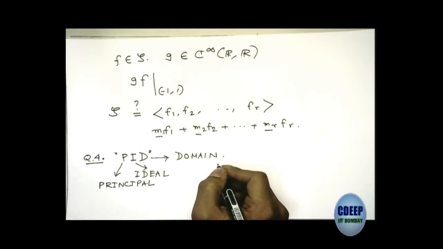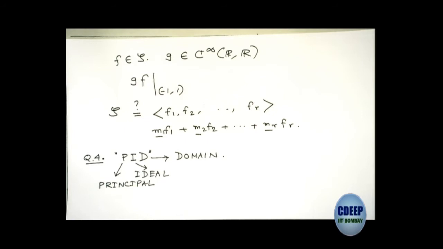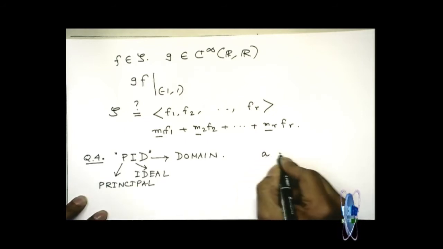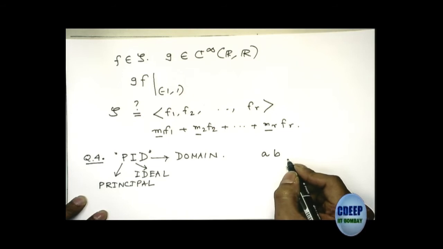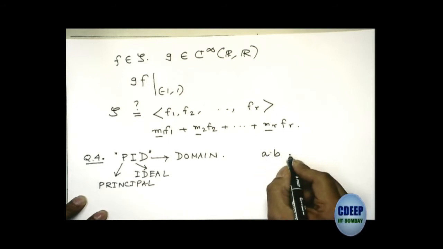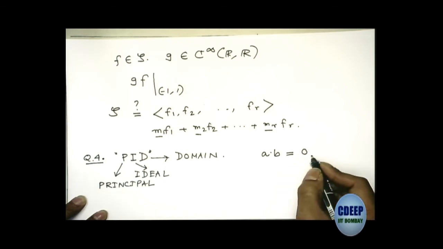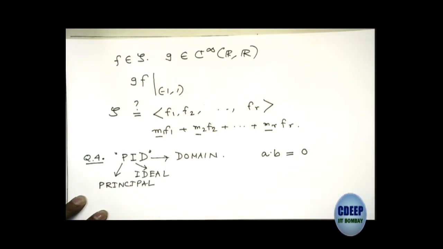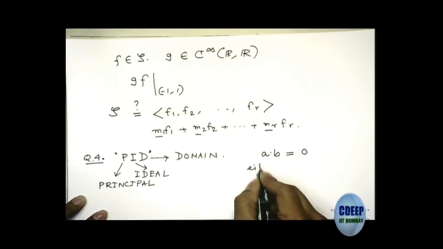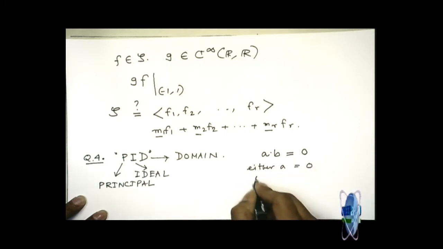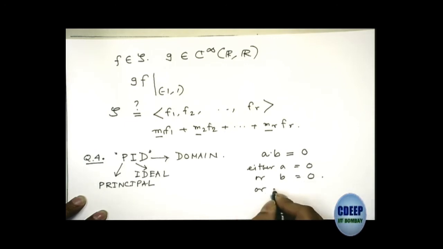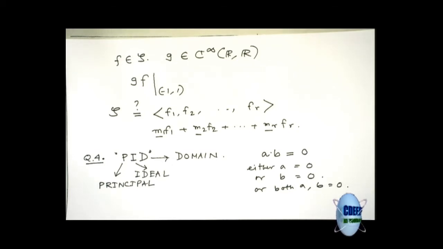A domain is a commutative ring with the property that if we have two elements A and B from the commutative ring, and their product is the additive identity, that is 0, then this necessarily means that either A is equal to 0 or B is equal to 0 or both. If that happens, then this commutative ring is called a domain. Sometimes it is also called an integral domain.